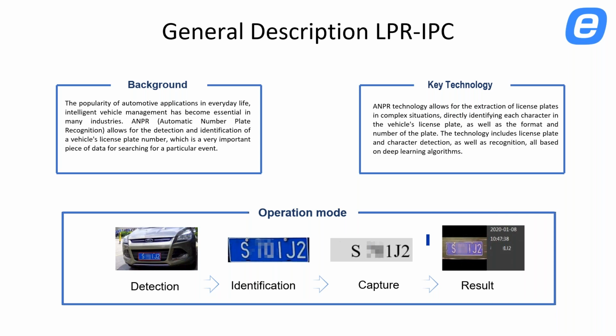The ANPR, automatic number plate recognition, allows for the detection and identification of a vehicle's license plate number, which is a very important piece of data for searching a particular event. When a particular event comes up, you can search for that license plate, or you can search for the car, and it'll tell you exactly the time and the date that it entered or exited, and who has that license plate.